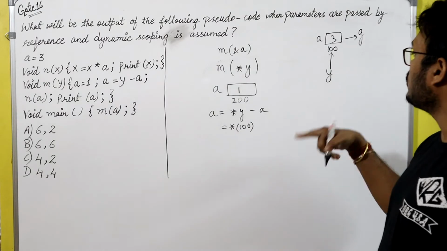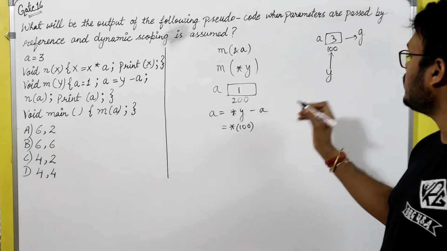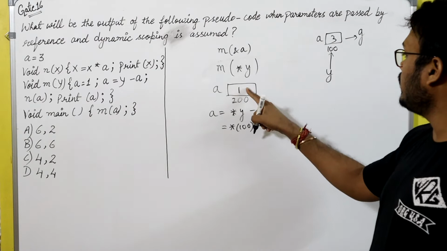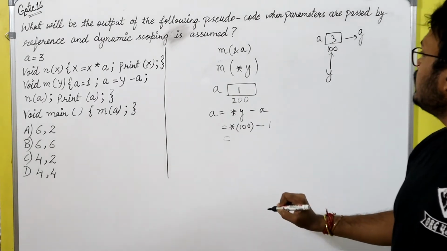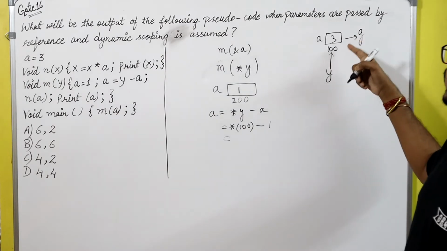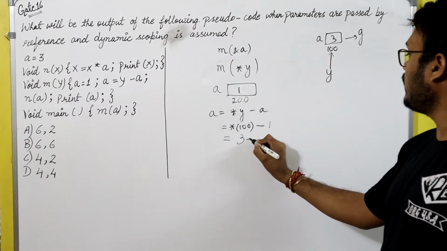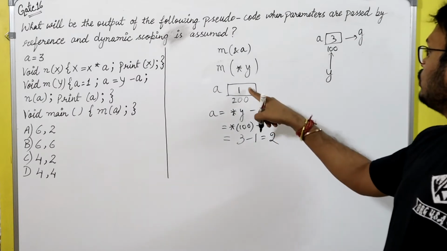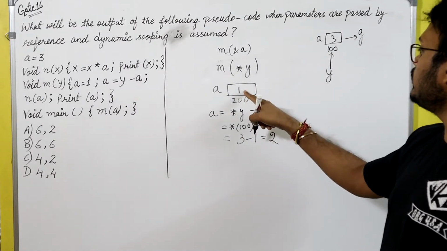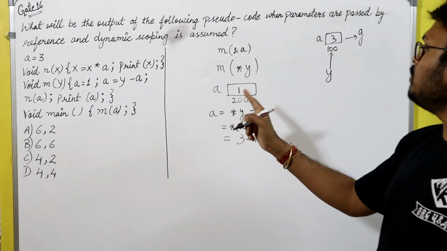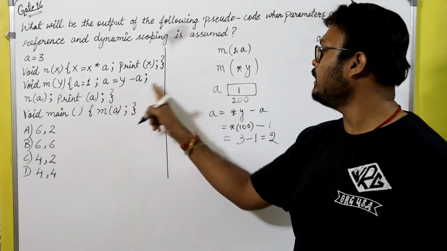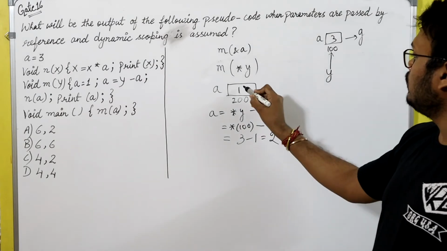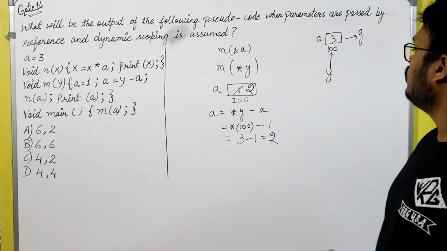Y is a pointer which is holding the address. Star of 100 minus what is a? 1. Fine. So what is star of 100? The value at the address 100 is 3. 3 minus 1 is equal to 2. So this a is equal to 2. This a was initialized as 1, but after this line it has become 2.